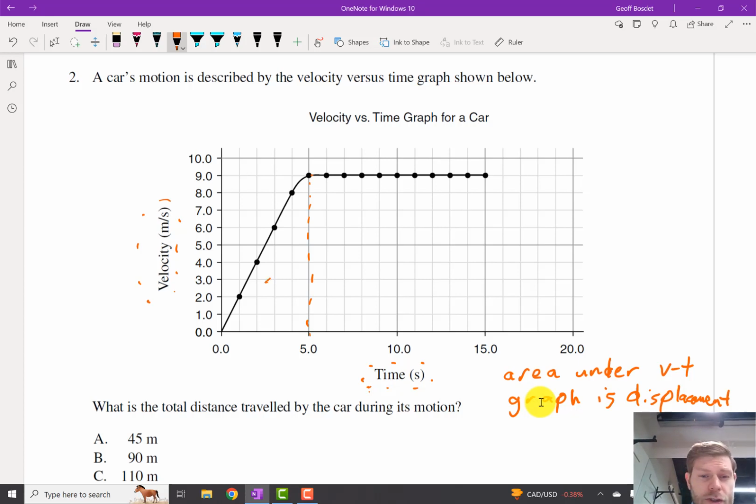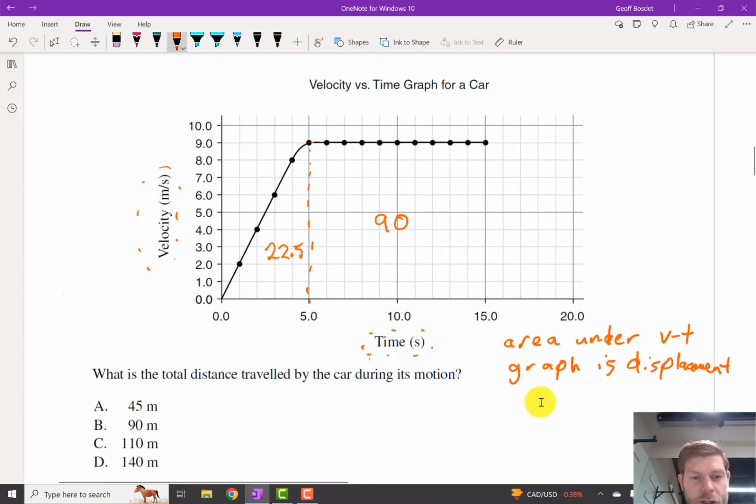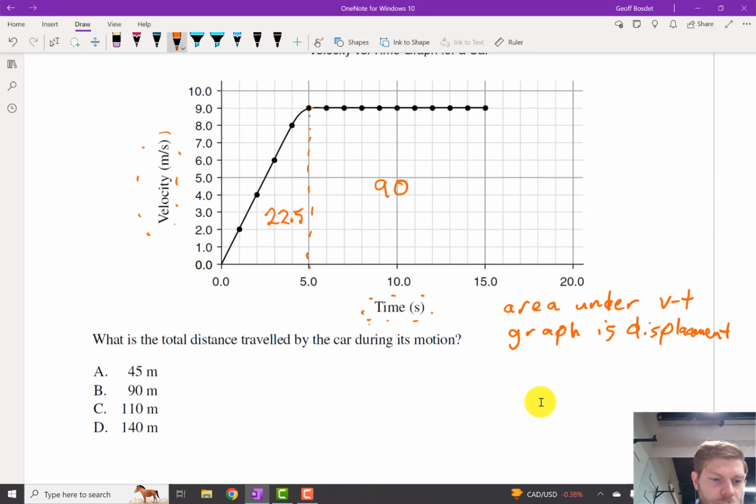Divided by 2, we've got 22.5. And then we've got our rectangle here. So just base times height. It looks like we got a base of 10 and a height of 9. 10 times 9 is 90. 90 plus 22.5 would be 112.5, which rounded for sig figs gives us 110.